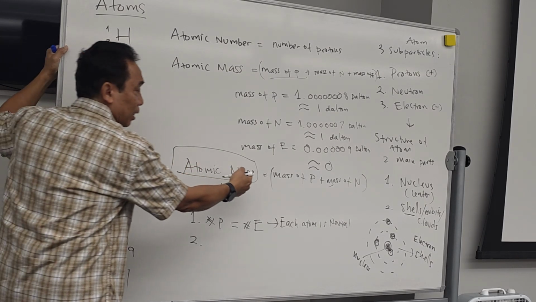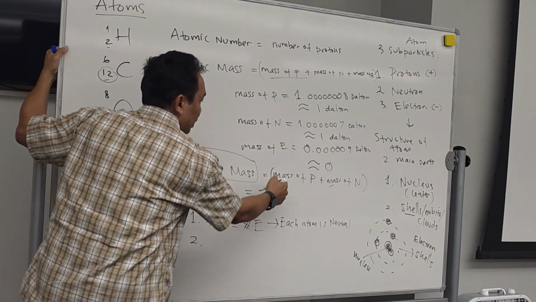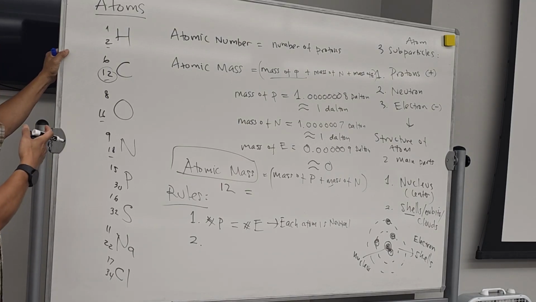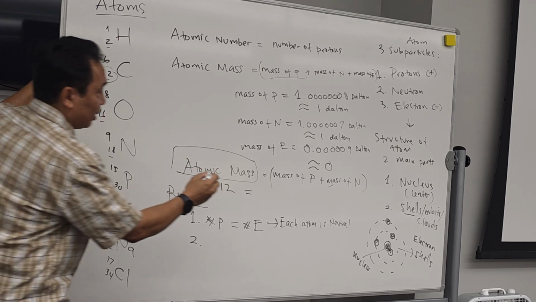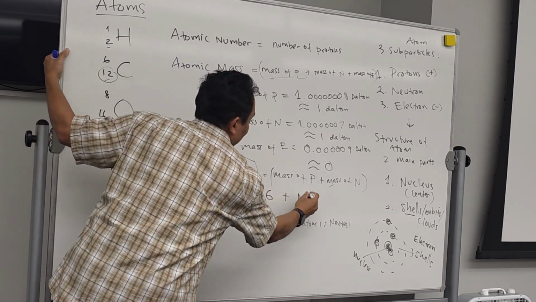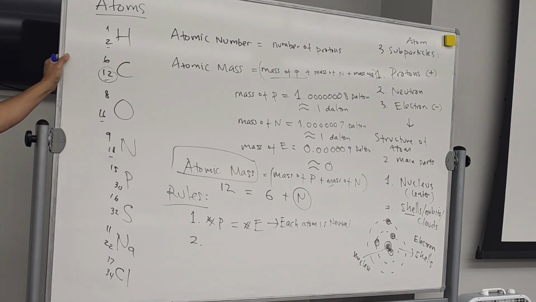And remember the formula: atomic mass is equal to the mass of protons plus neutrons. How many protons is that? What is the mass of a proton? 1, what? 1 times 6 is 6. So 6 plus n, the neutron over here, right? You're looking for the neutron number or mass.